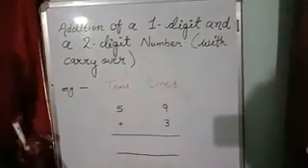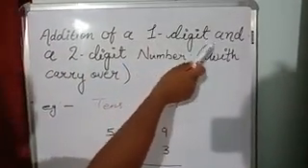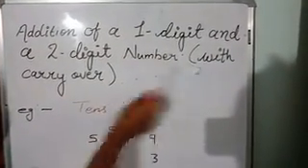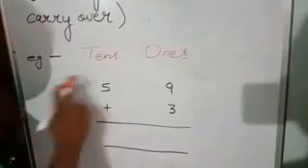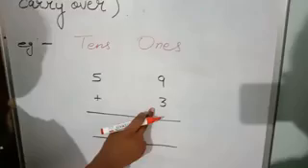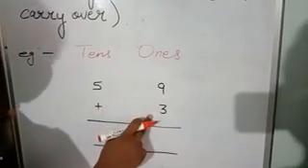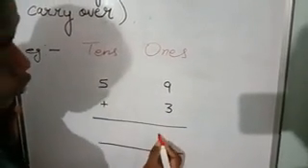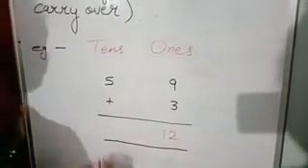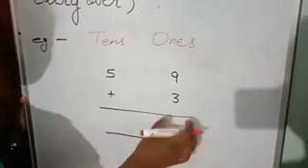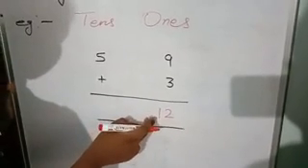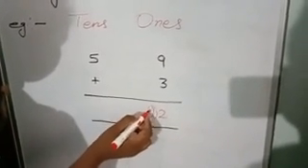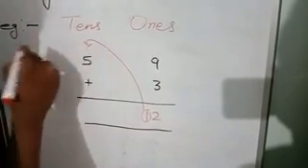See, our next topic is addition of a one digit and a two digit number with carryover. So see the example here. First one is 9 plus 3. Add it first. 9 plus 3 together makes 12. And 5 only 5. So here we do not write 12. Here this number will go at the tens.